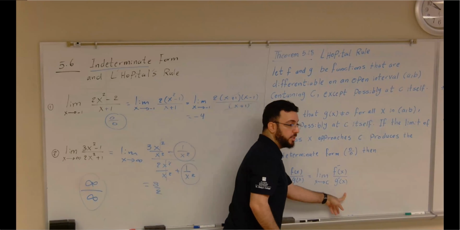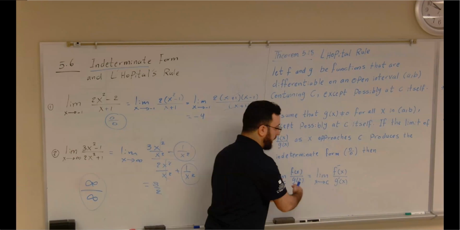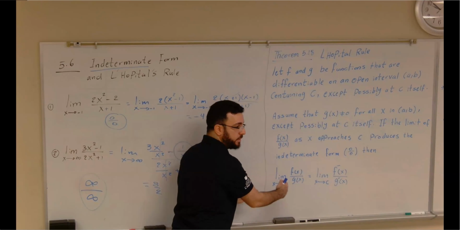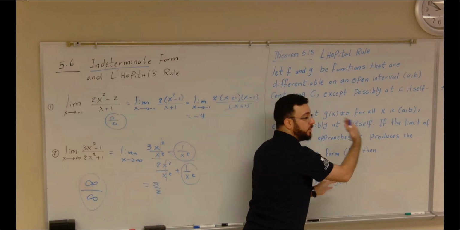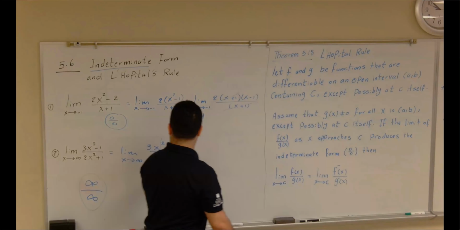It's going to be easier for you, and instead of taking a limit for a large equation, you can take the limit for a smaller one. And you can do it again and keep going if you satisfy these conditions.